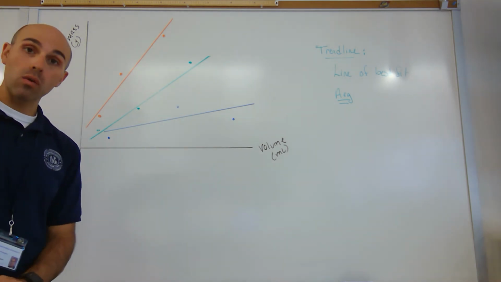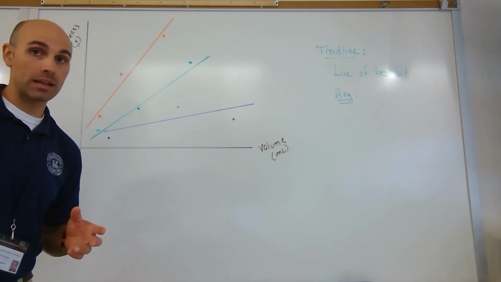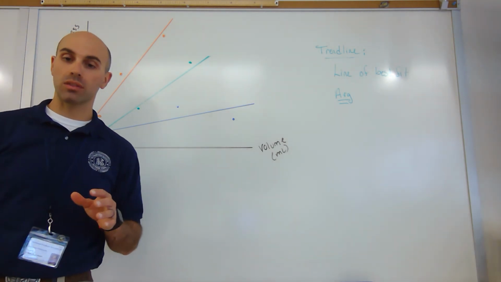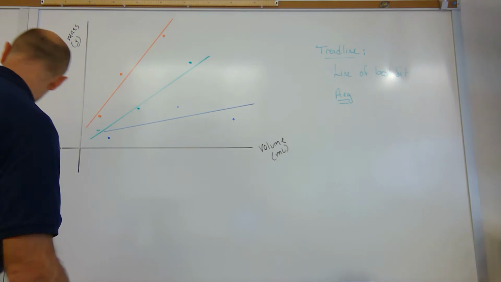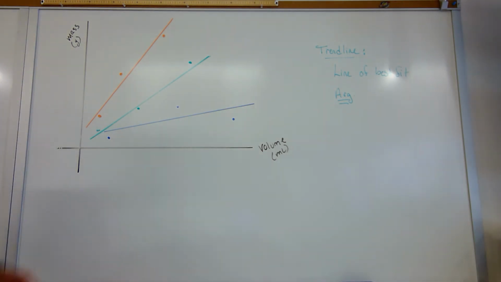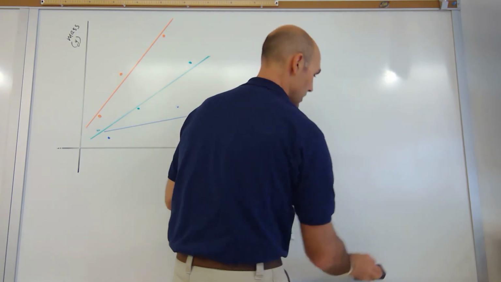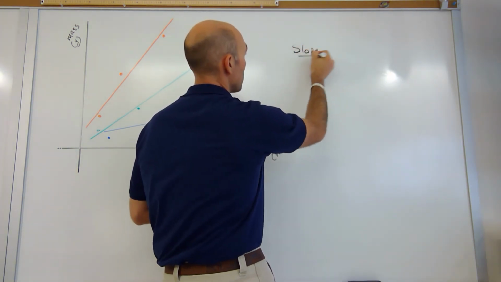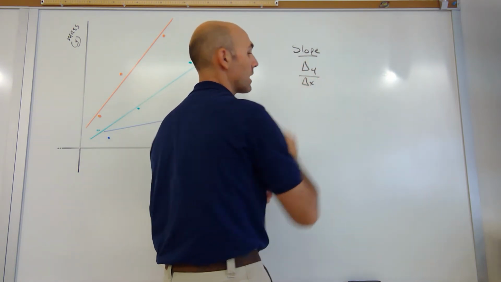All right, so hopefully this gives you a better idea of how to graph and then how to draw that trend line. The next thing I wanted you to do was calculate the slope. Now if you remember, slope, let's grab a marker. I'm going to erase the trend line over here. Slope, we are talking about a change in y over a change in x.